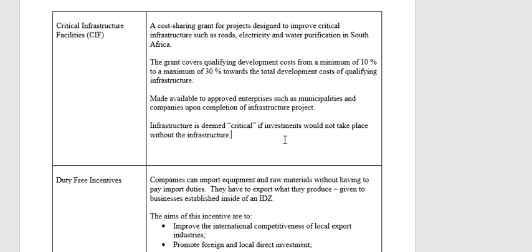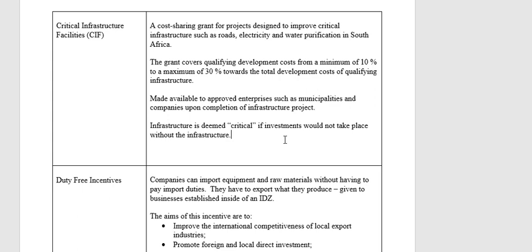So for example, if they've now identified an SDI, an underdeveloped area, they want industrial development in this area, and businesses will say to them, it's fine, I will build my factory in this area, but I need the road to come to my factory. I need to have electricity supply. If I don't have transport and electricity, I will not build my factory there. Then the road and electricity is deemed as critical because lack of infrastructure will mean that the investment in the factory is not going to happen.